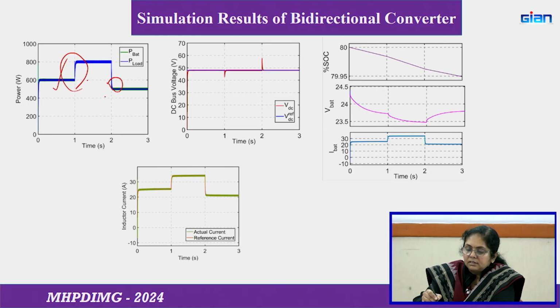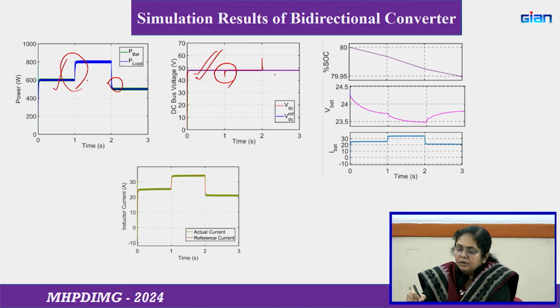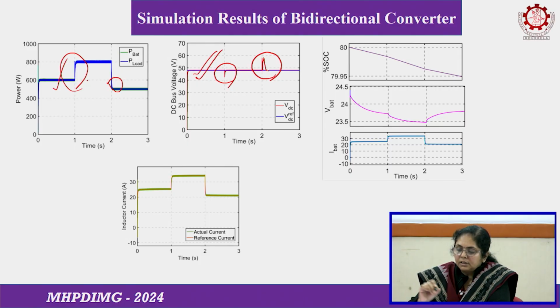So, first you are regulating the DC bus voltage. The DC bus voltage is fixed at 48 volt. Here there is an increase in load, so there is a voltage dip. When there is a decrease in load, there is a voltage swell, means there is a sudden increase in voltage, then it is again tracking, and this tracking time is very fast.